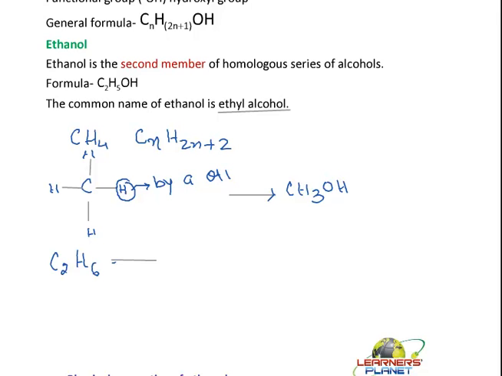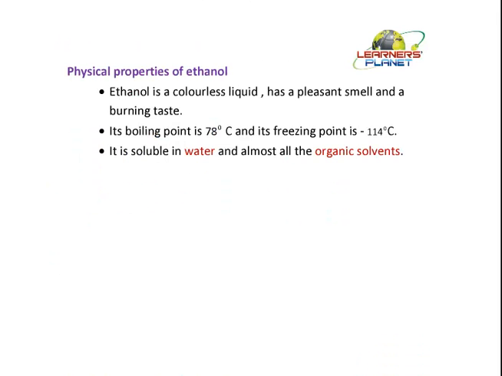Now what will be that C2H5? It would be ethyl. So this is an alkyl. Now what is the common name of C2H5OH? Ethyl alcohol.